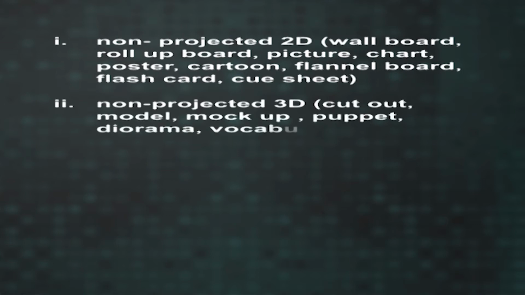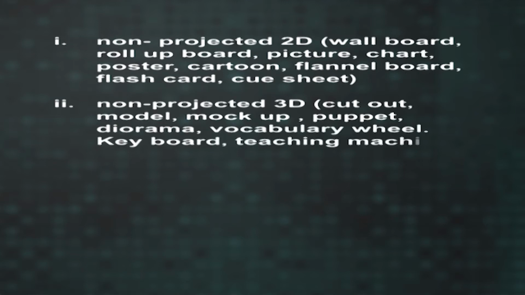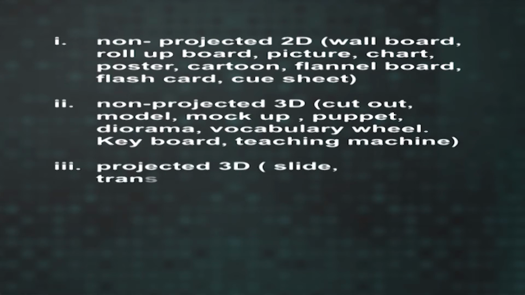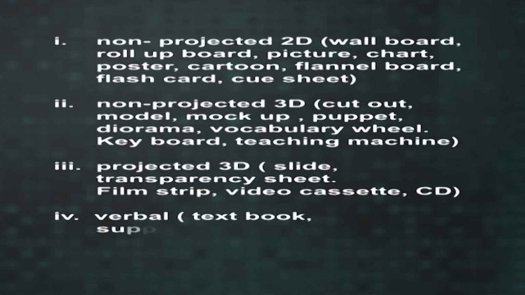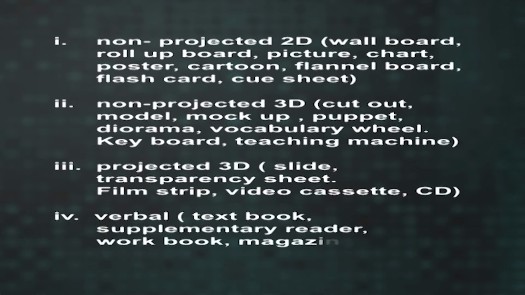Non-projected 3D aids: cutout, model, mock-up, puppet, diorama, vocabulary wheel, keyboard, teaching machine. Projected aids: slide, transparency sheet, film strip, video cassette, CD. Verbal: textbook, supplementary reader, workbook, magazines, newspaper, documents.